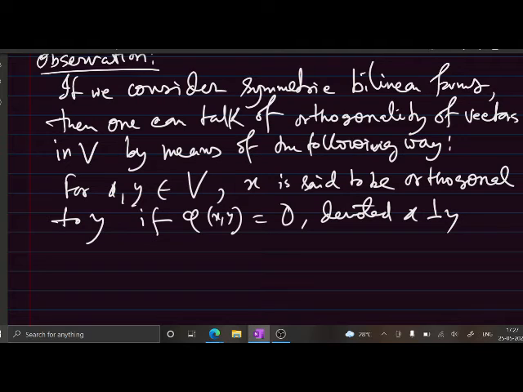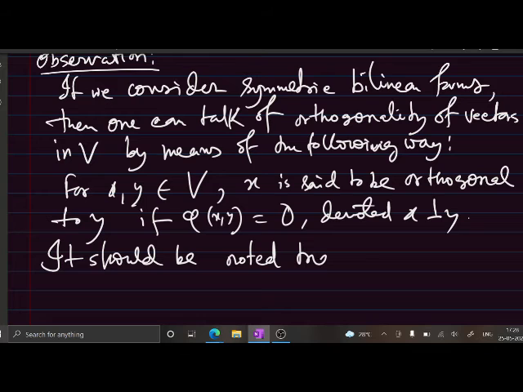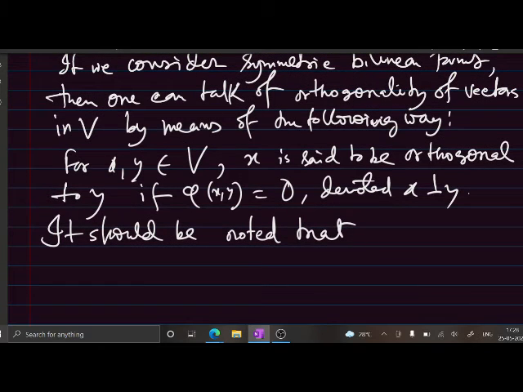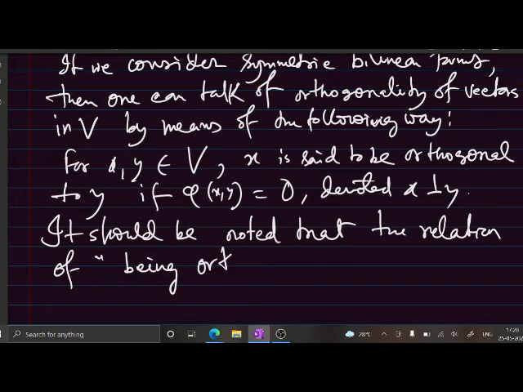Okay, and it should be noted that the relation of being orthogonal defined on the vector space V is a symmetric relation.